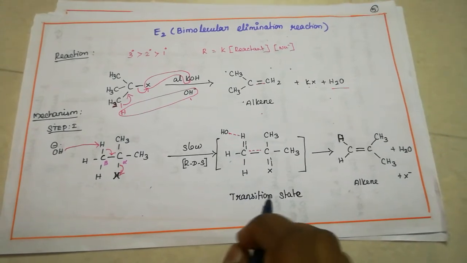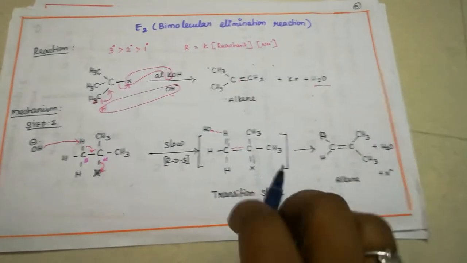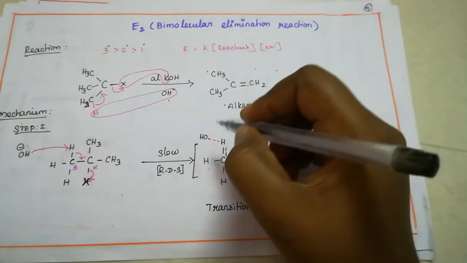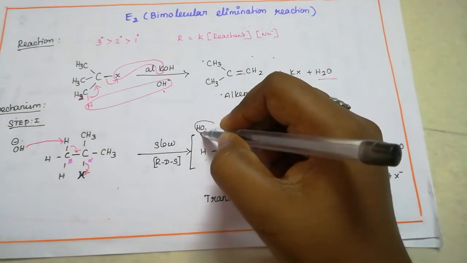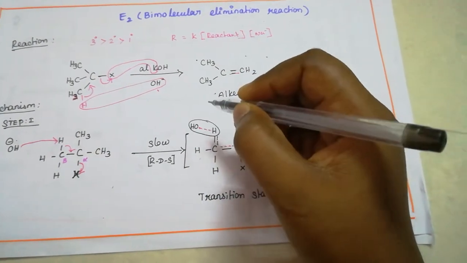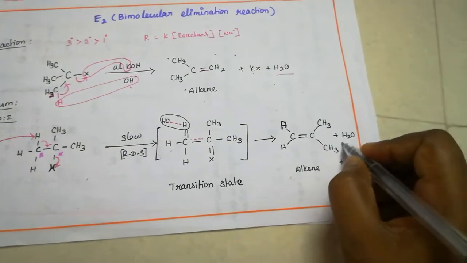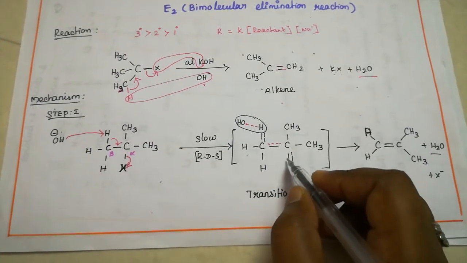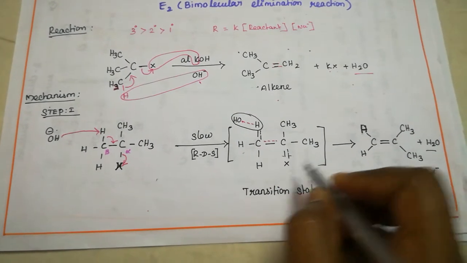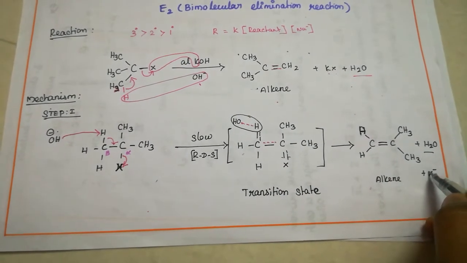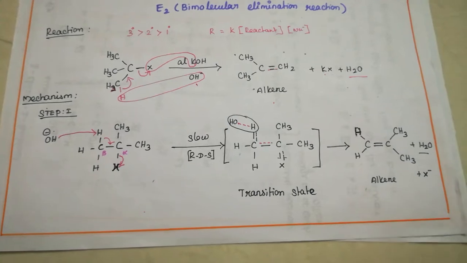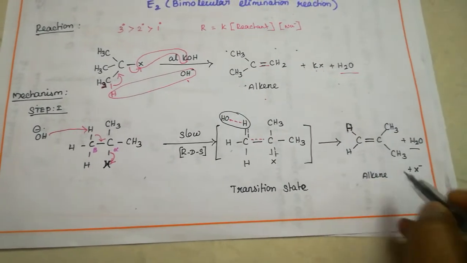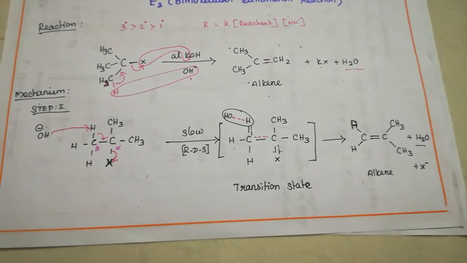This is called the transition state, an unstable state. Here OH and H group form a water molecule, and breaking this bond we get the halogen atom. The final product is alkene.